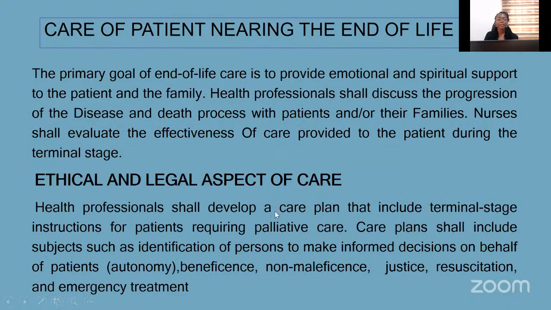Okay, we are now at the sixth domain of care, which is care of patient nearing the end of life. The primary goal of end-of-life care is to provide emotional and spiritual support to the patient and the family.